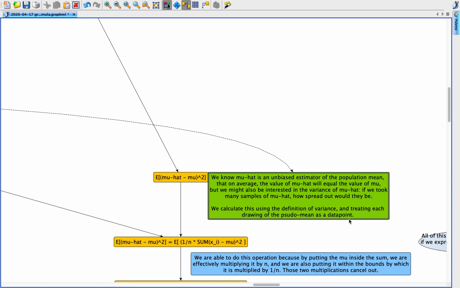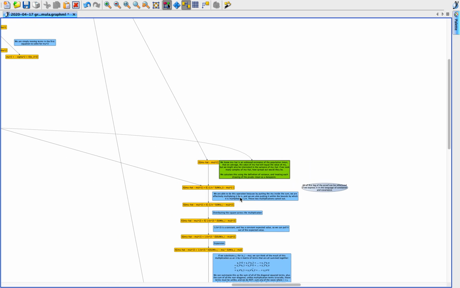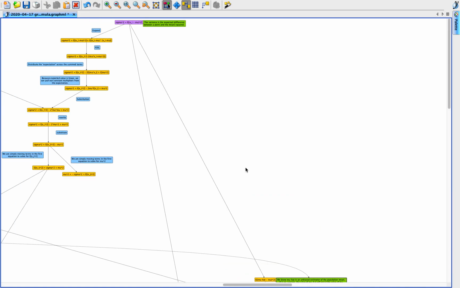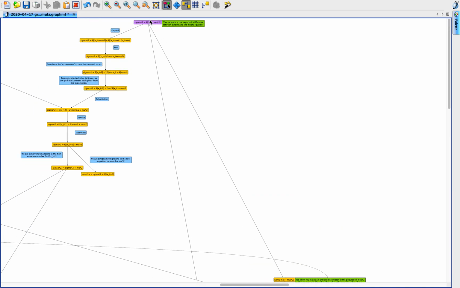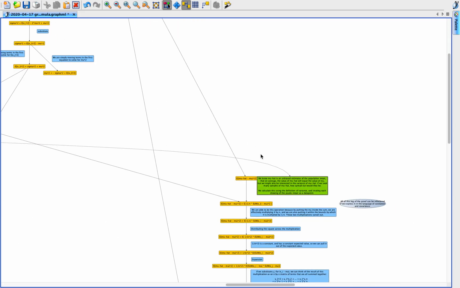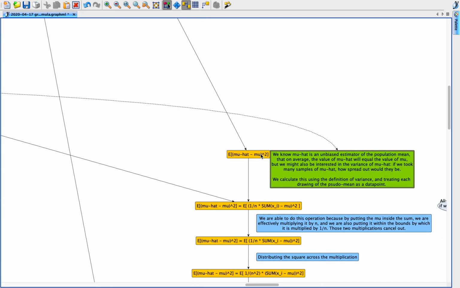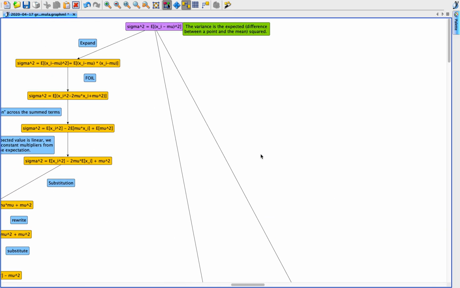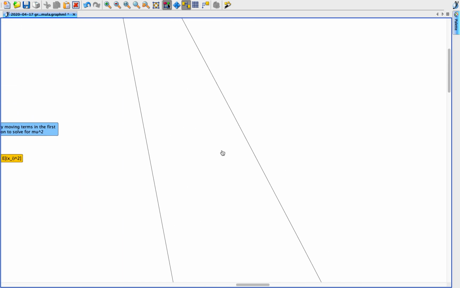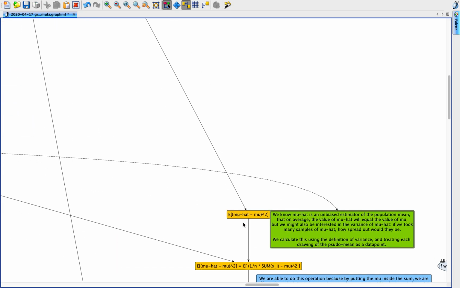The thing we're going to do here is import the definition of variance, but instead of estimating the variance of the whole population of each xi, xi is going to be mu hat. So we're going to treat each sample mean as a data point.